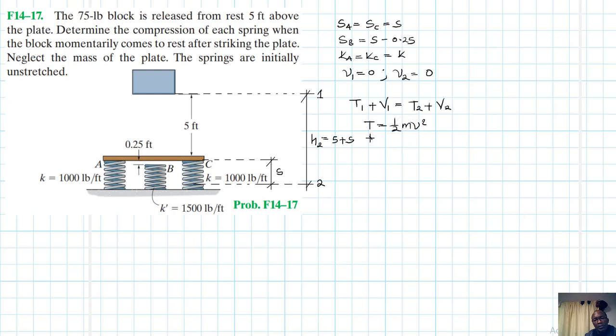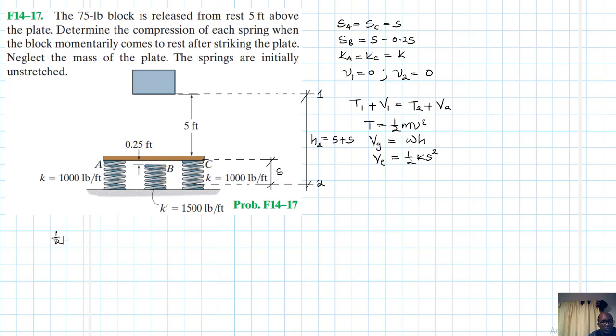This is half m v squared, and for the gravitational potential we have W h, and for the elastic, this is half k s squared.